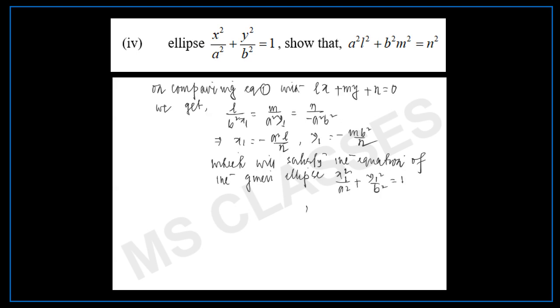So we get here a square L square by n square plus b square m square by n square equal to 1. And from this we get n square equal to a square L square plus b square m square. And according to the required condition, a square L square plus b square m square equal to n square, which is the required condition.